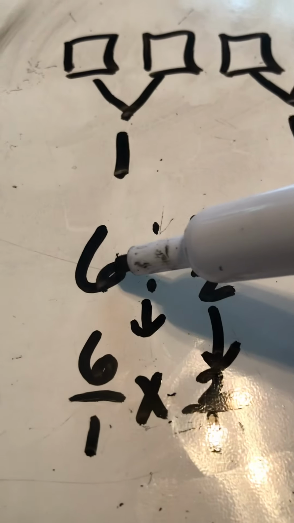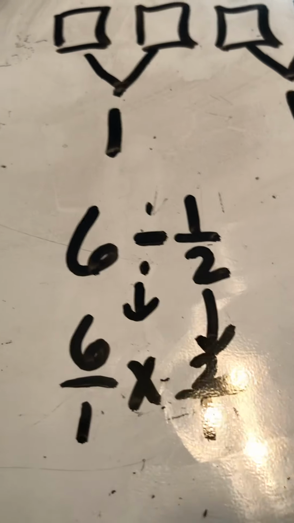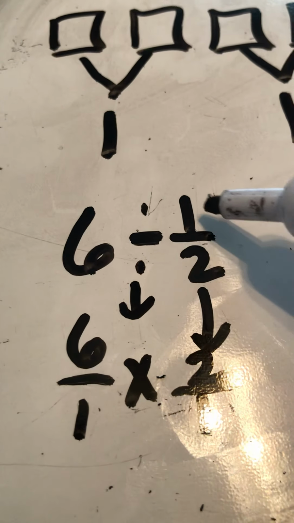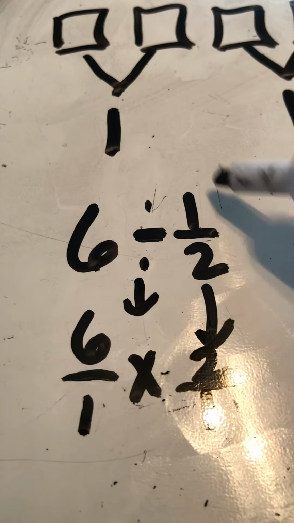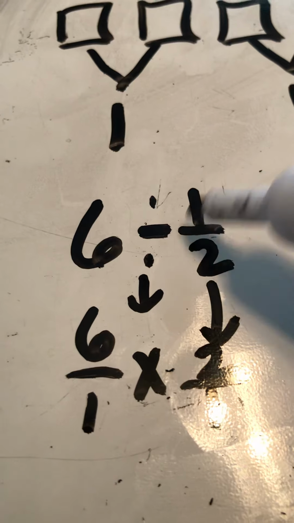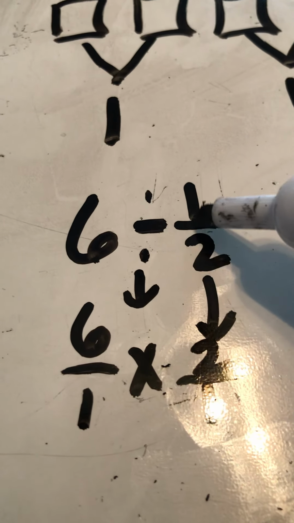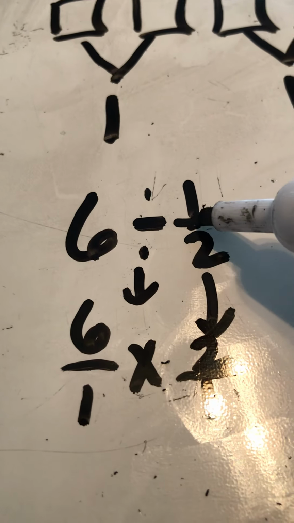So let's review. The 6, we just brought it down, put it over 1. That should be ingrained in your brain already. This 1/2, because this is the number of groups we're making, right? Like we're breaking this up into this many groups. Think about it that way. This 1/2, we can bring it down, but we flip it.